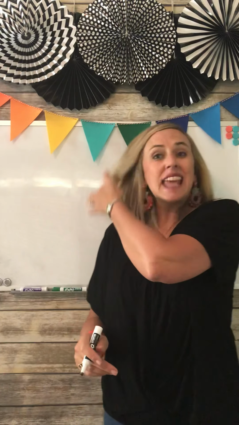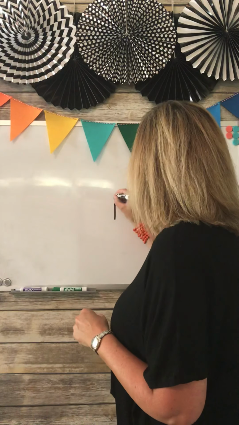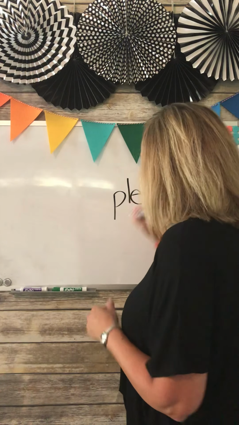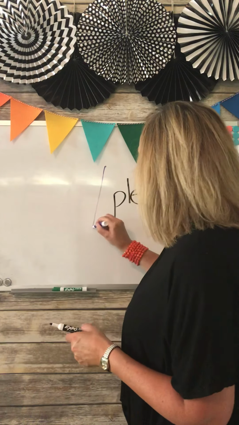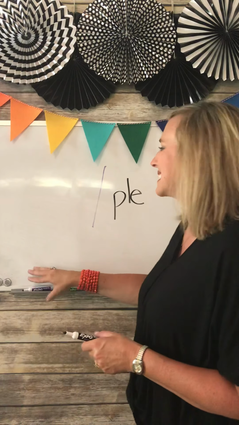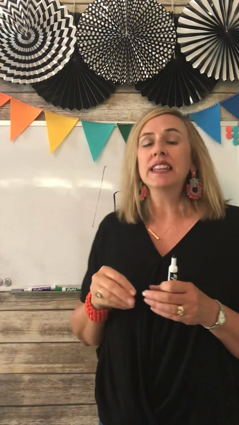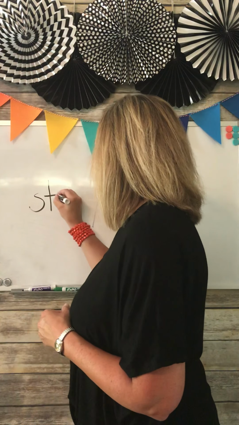Next word, staple. Let's stretch that one out. Stay-pull. That second syllable, I hear the pull. Consonant LE. Our consonant is P. So let's work on that first syllable. Stay. At the beginning of stay, I hear that consonant blend. S-T makes that consonant blend.